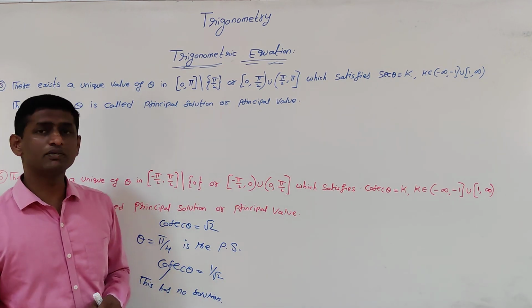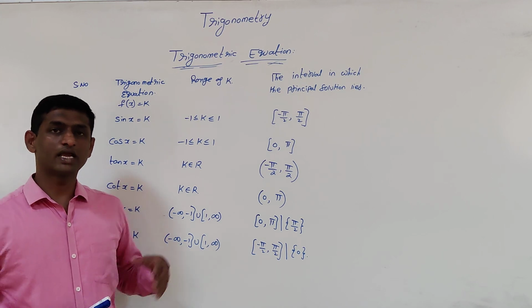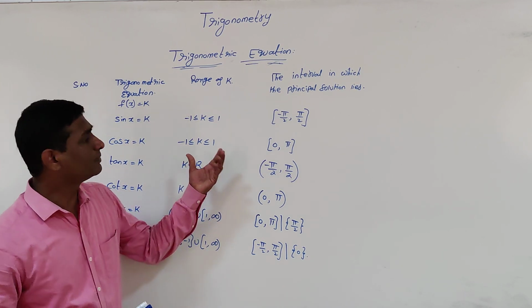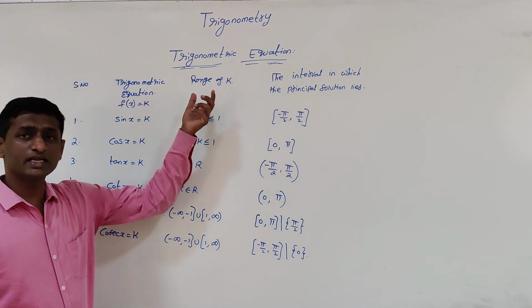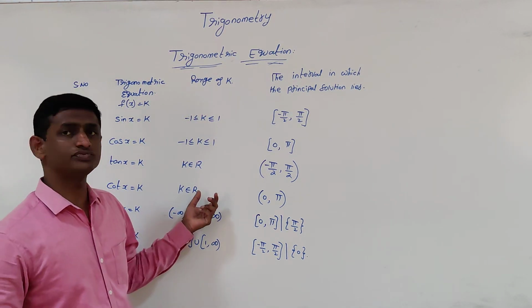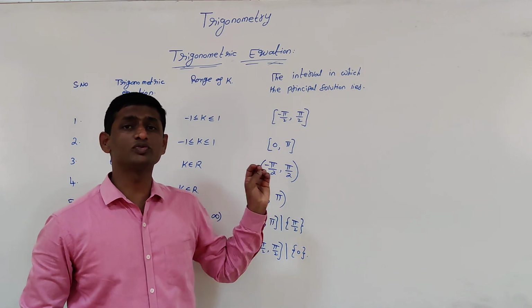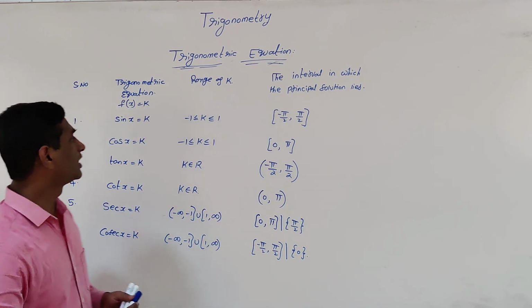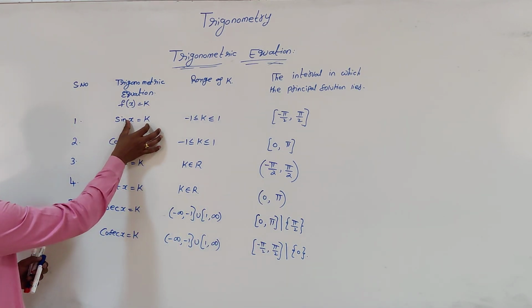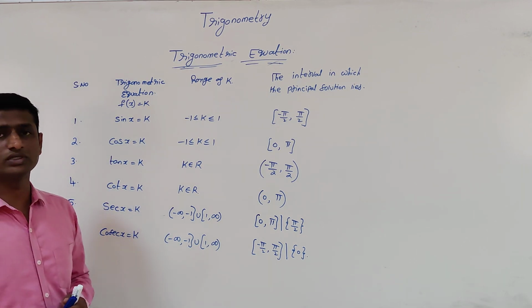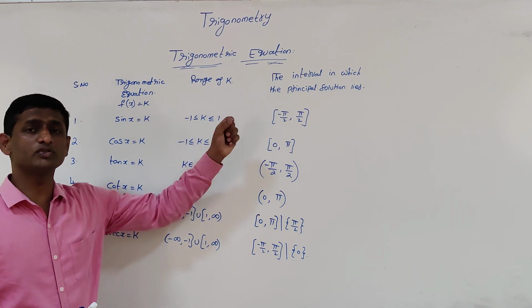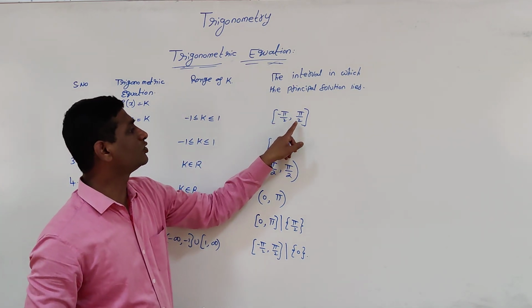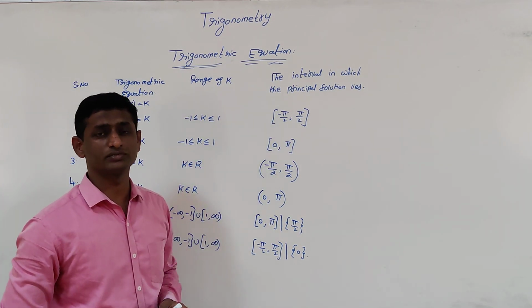The table contains the trigonometric equation, the range of the trigonometric function, and the interval in which the principal solution lies. For example, the first one, sin x is equal to k, where k lies between minus 1 to plus 1, and the principal solution lies between minus pi by 2 comma pi by 2, meaning the starting solution.